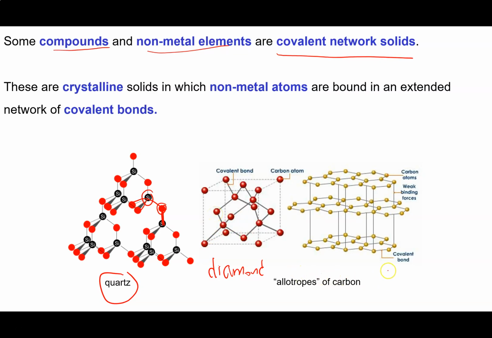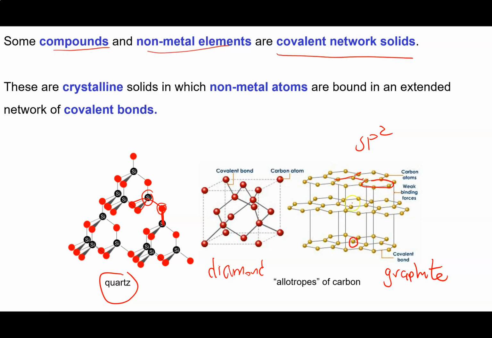Another allotrope of carbon is graphite. Graphite is slightly different. In graphite, the carbon atoms are sp2 hybridized, and they are connected to three other carbon atoms in a trigonal planar fashion. This leads to sheets with hexagons of carbon atoms.